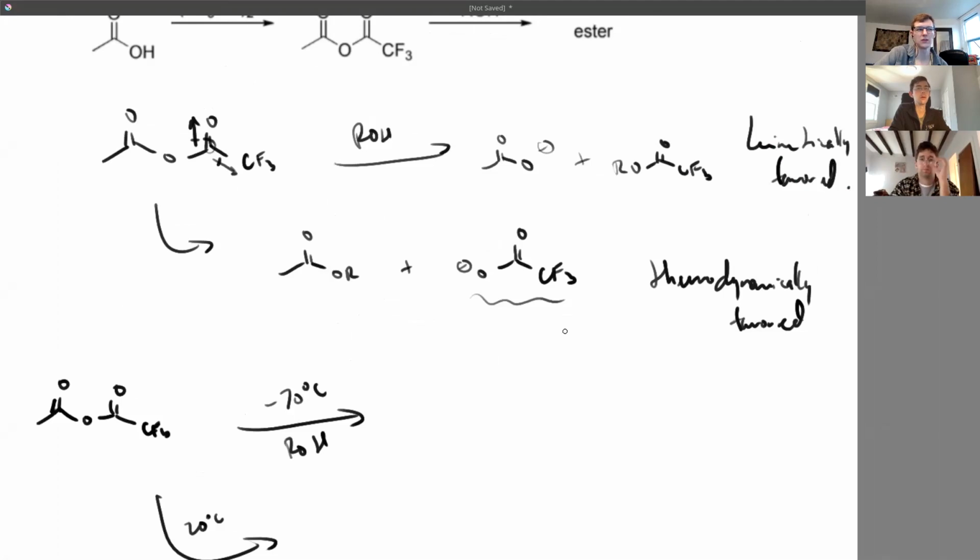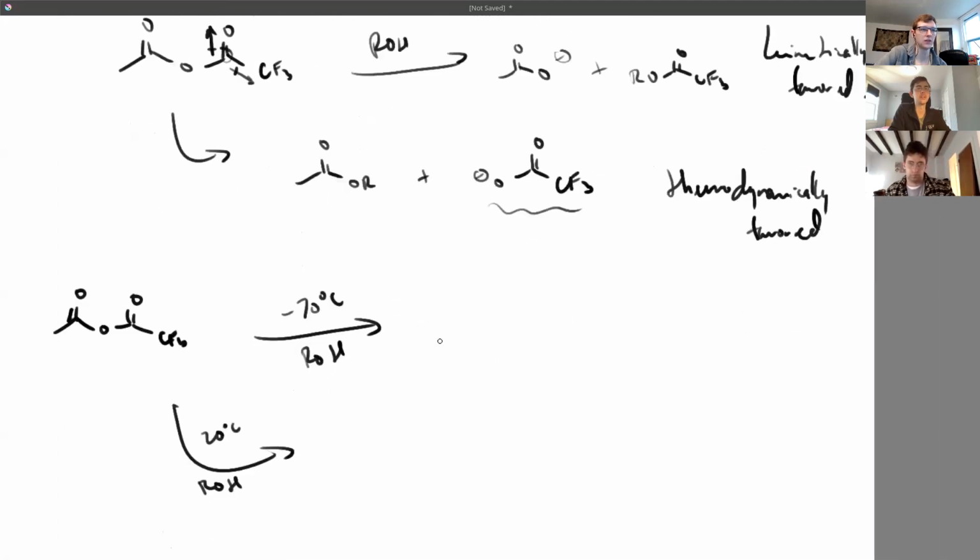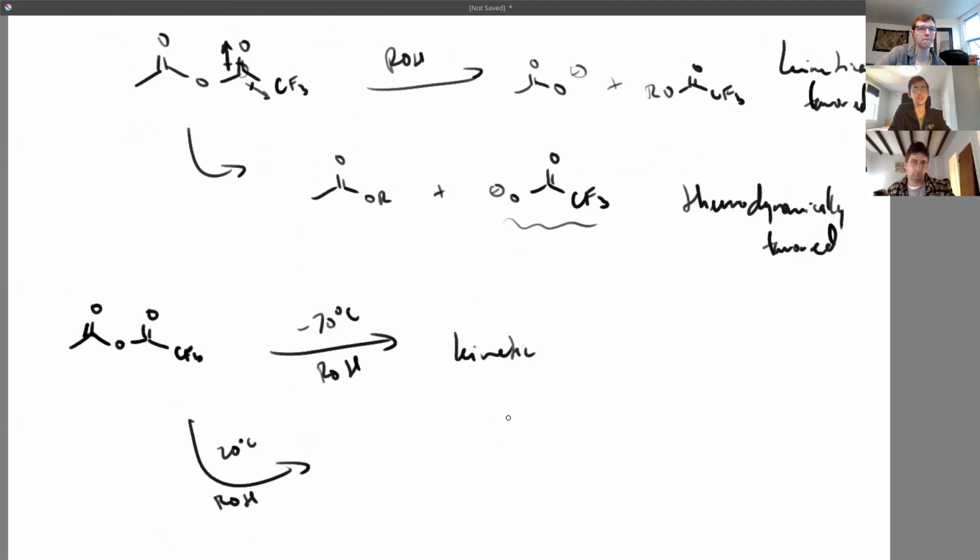So the one that's kinetically favored is the more reactive one. That carbonyl is going to be the one that's more reactive, basically. Yeah, I think so. So at low temperature we would get kinetic, and at high temperature we get thermodynamic. Yeah, I would think so.